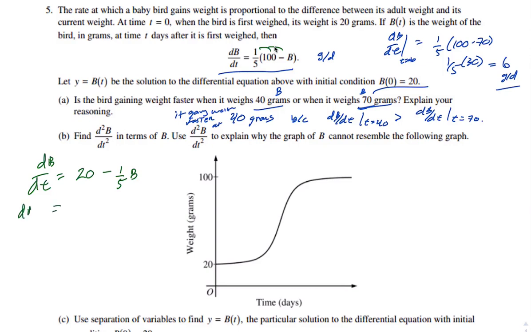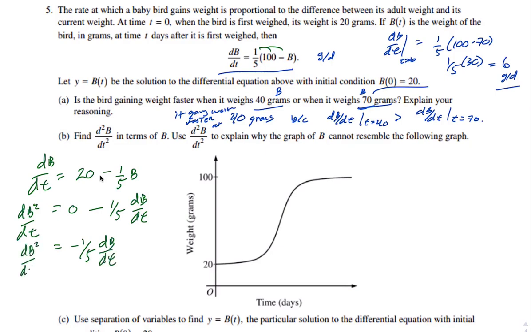So d²B/dt², the derivative of 20 goes away. The derivative of this is just negative 1/5 B, but it's the wrong variable, so negative 1/5 dB/dt. So I get this. That's what my second derivative equals.